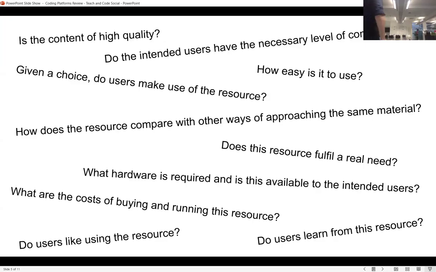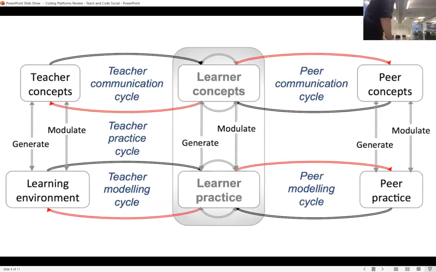Do the intended users have the necessary skills? It's very nitty gritty. Is the content of high quality? How are you even going to measure this? Was it high quality or not? What hardware is required? Yes, there's some baseline stuff in there we need to pay attention to, which I'll come back to. But on the whole, this is exactly the kind of questions we don't really want to ask.